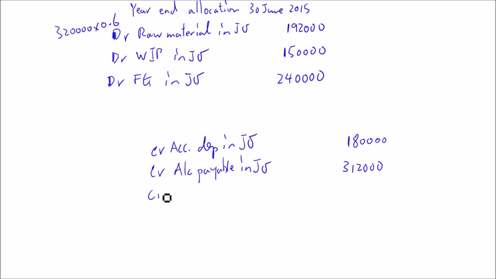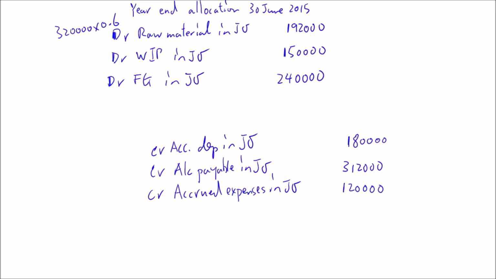And finally, we also got accrued expense in JO. It was 200,000, 60%, there will be 120,000. So those are the 6 accounts that are identified on the statement where we can use the number directly.